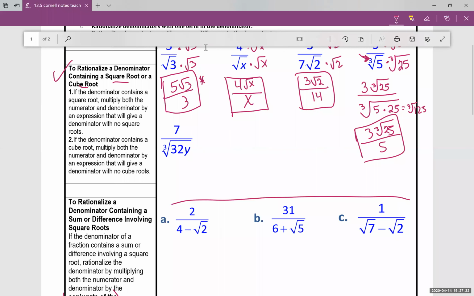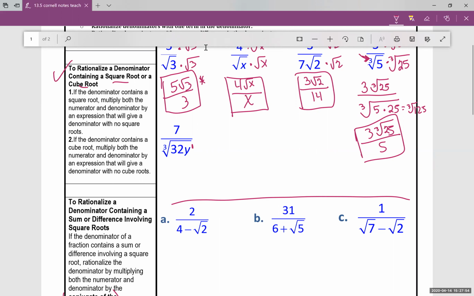Whew. Okay, here's another one with a cube root. And not only do I have to take care of this 32, but I have y to the first power here as well. So if I looked at my perfect cubes, you have 1 times 1 times 1 is 1. Then you have 8.